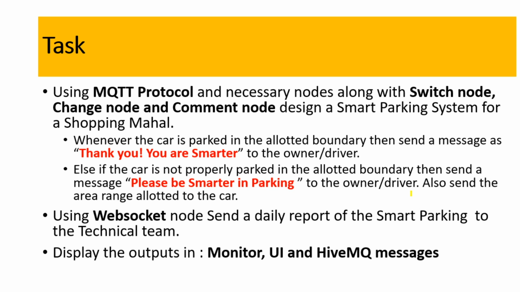One is whenever the car is parked in the allotted boundary, if it is correctly parked, then send a message as thank you, you are smart, to the owner or the driver. Else, if the car is not properly parked in the allotted boundary, if it crosses the boundary, then send a message, please be smarter in parking, to the owner and driver, and also send the area range allotted to the car. So if a 5 cross 5 area is allotted to a car, you kindly send that.